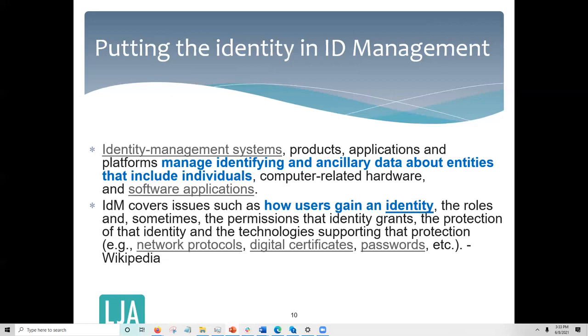The other piece of how we fit into it is how users gain an identity. What is that process for how that identity is created? We're going to talk a lot more about that piece as we go along.